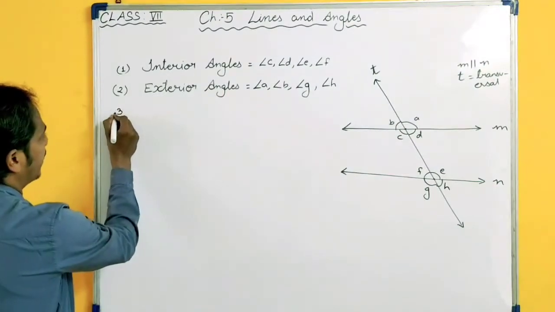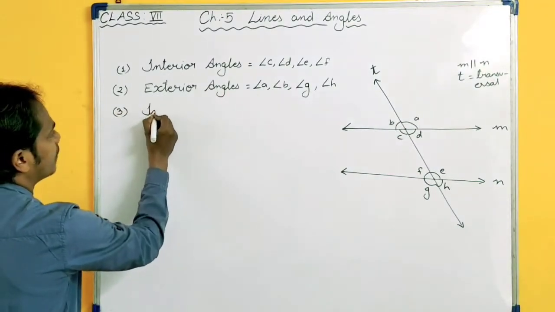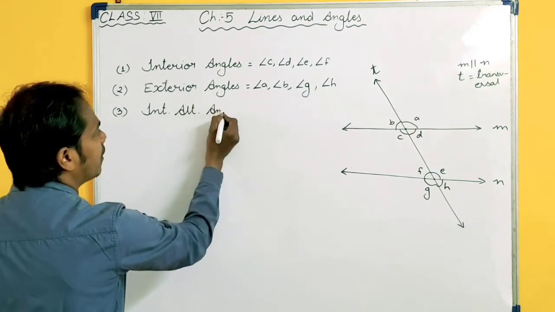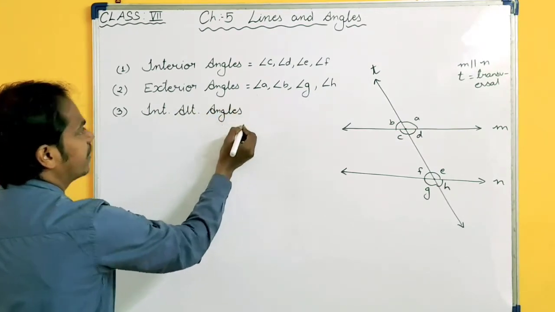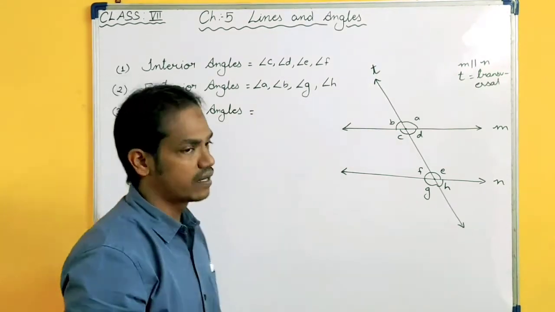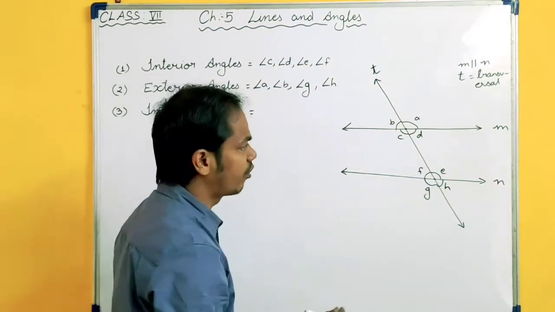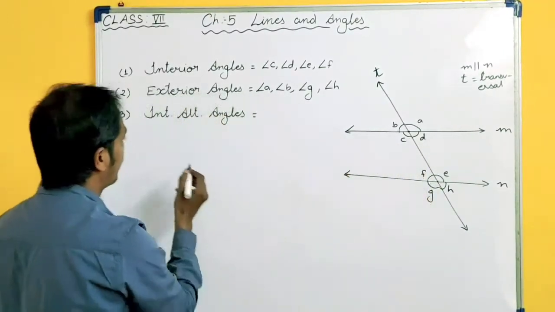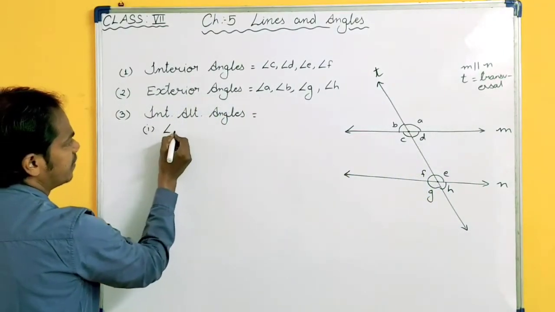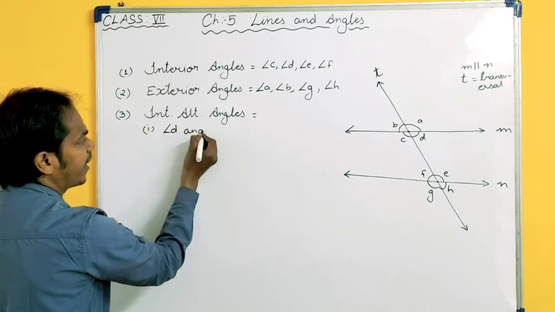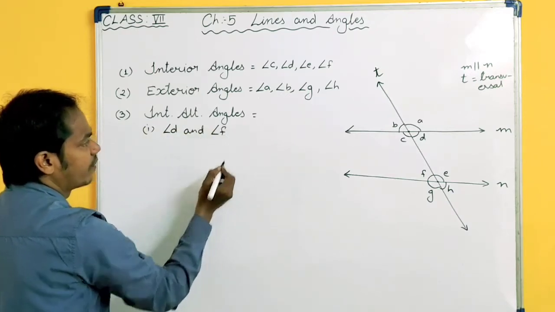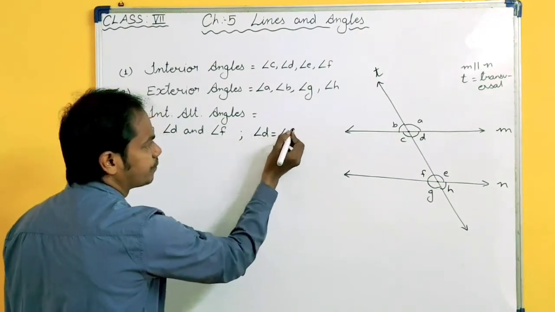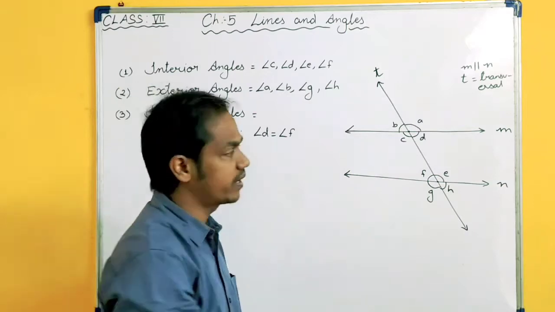Now the third one we are taking is interior alternate angles. What do you mean by alternate? Alternate means in this cross pattern. Your first pair is angle D and angle F, and angle D is equal to angle F. You have to remember this property.